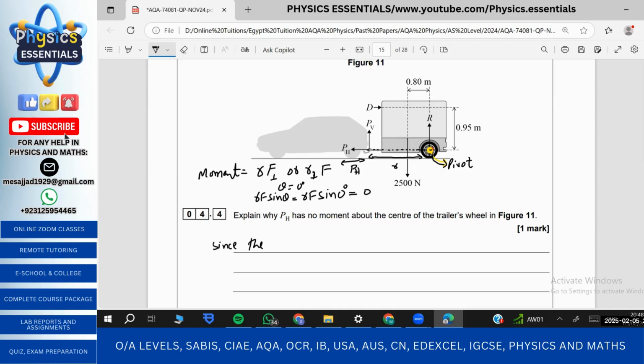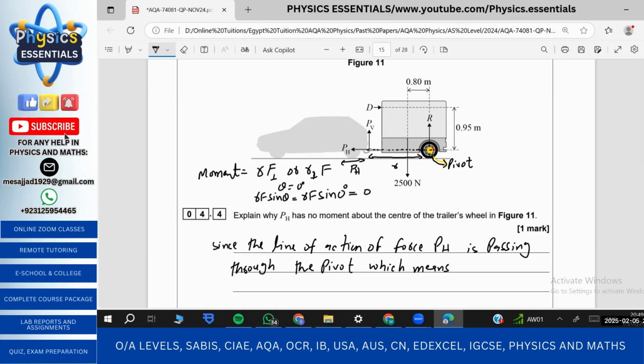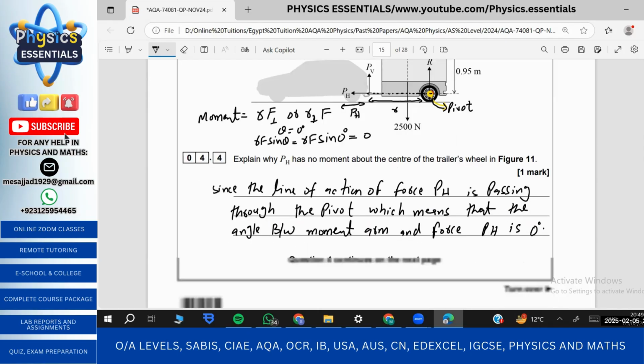since the line of action of force PH is passing through the pivot, which means that the angle between the moment arm and force PH is 0 degrees, right?